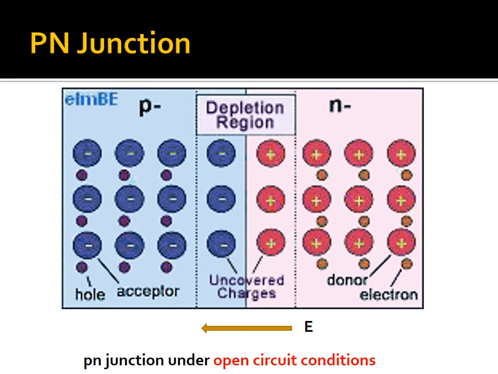Here we just have the positive ion and here the negative ion. Here the holes, the majority carriers, want to move towards this one, but these holes will be repelled by this positive charge. The hole is positive, and we have a positive ion layer here.